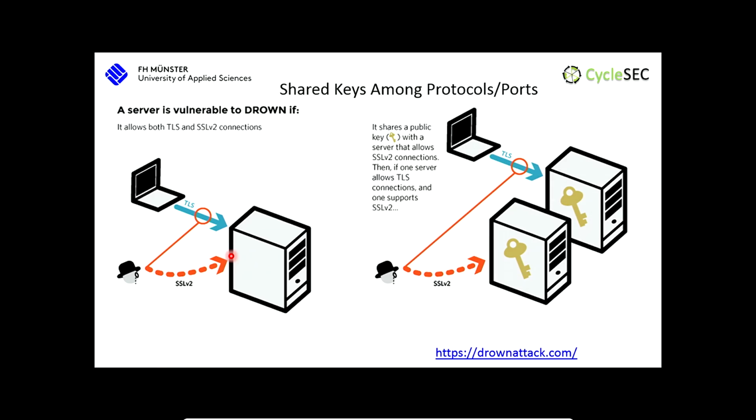What is new here is, let's say we have two servers, and both use the same RSA key material, maybe the same certificate, or a different certificate. What we saw with Heartbleed was that the Heartbleed attack would compromise the keys.